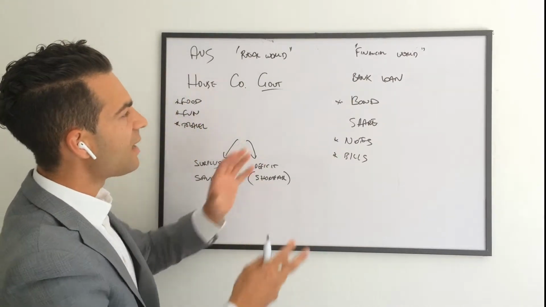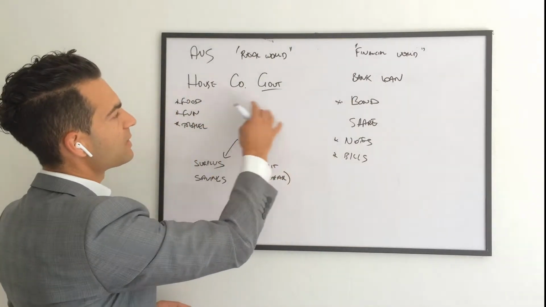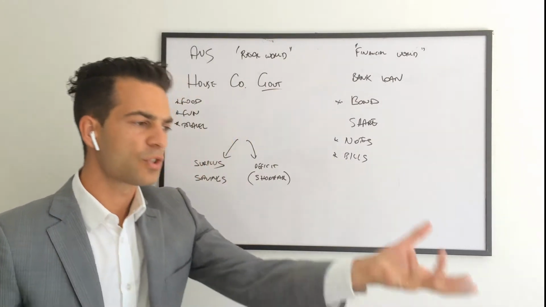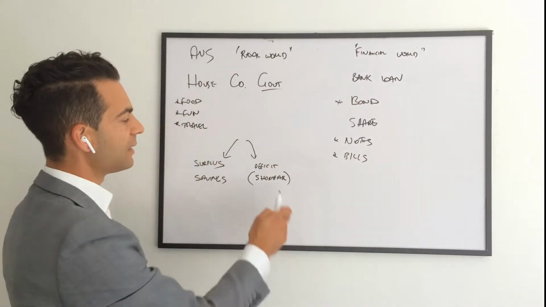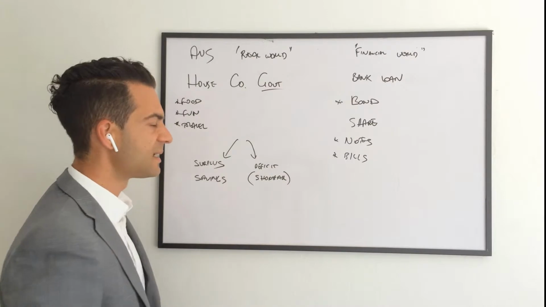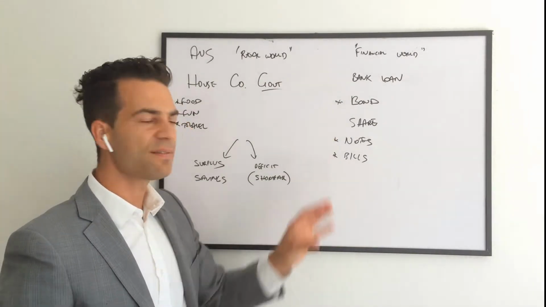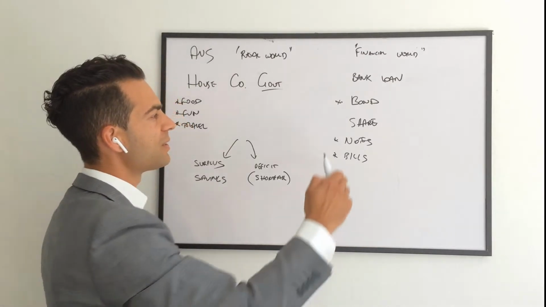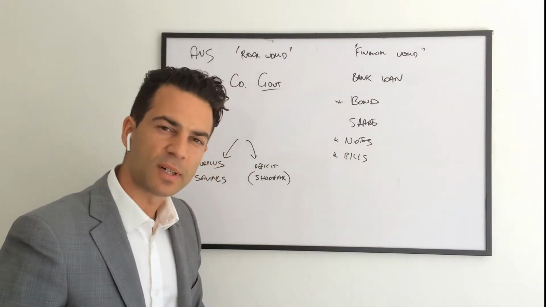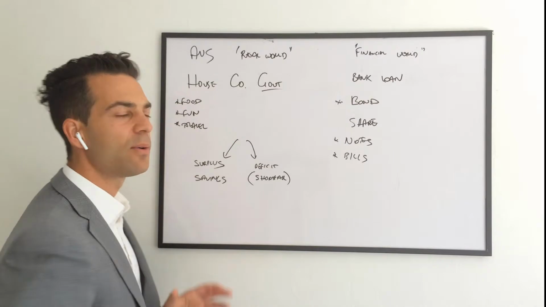So really all these are ways for households, companies and governments to get money when they're in shortfall, in a deficit situation. And it's very important to understand the financial world, because our ability to get money from the financial world impacts our lifestyle.